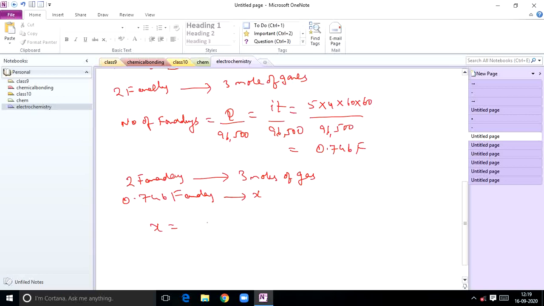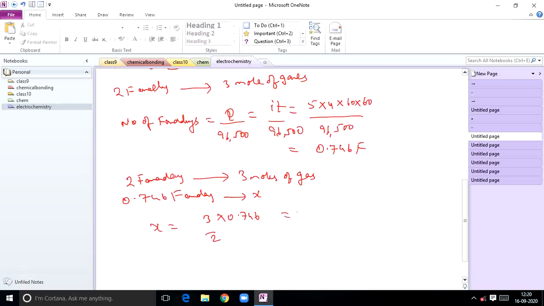So first of all, how many moles of gases are produced here? For 2 Faraday, if you observe 3 moles of gases, for 0.746 Faraday, how many moles? X is equal to 3 into 0.746 by 2.